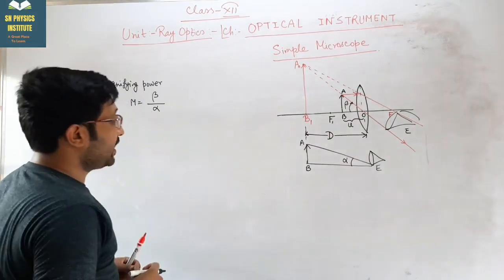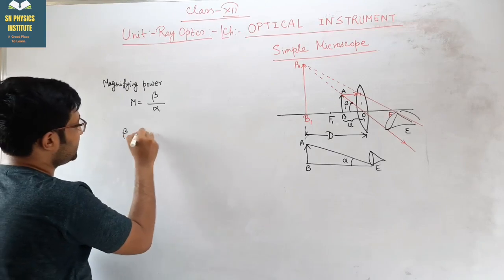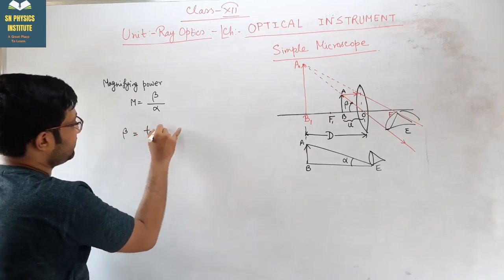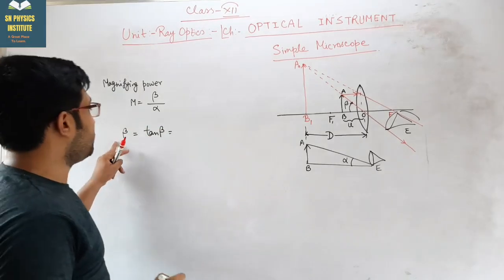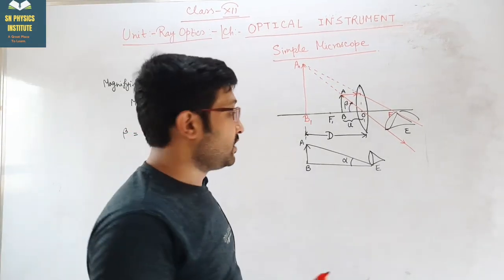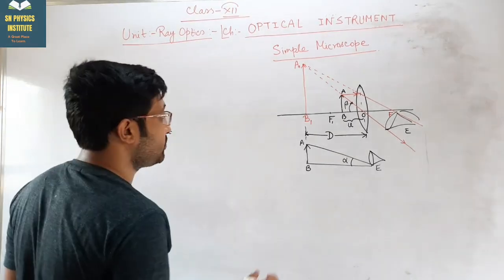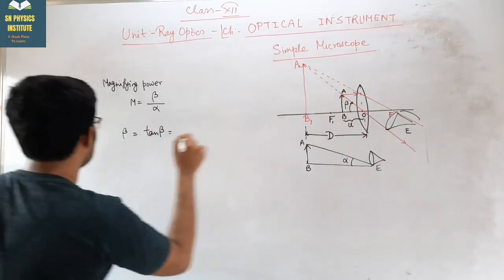So how can you find beta? Tan beta. Beta is very small, so tan beta can be written as beta, right? So beta is equal to tan beta.